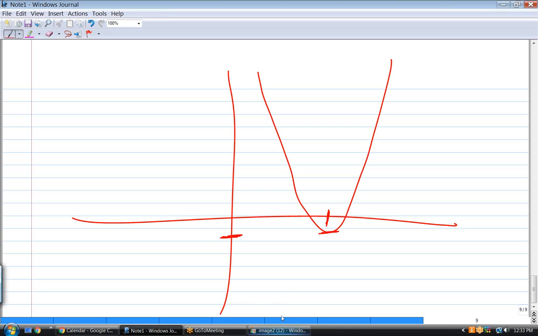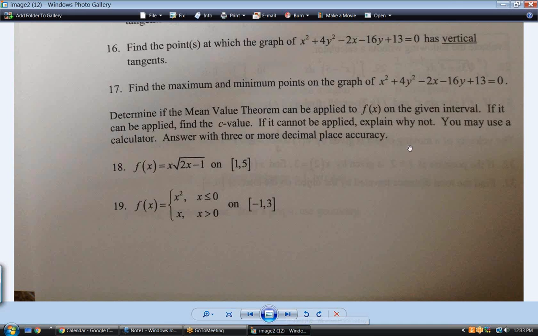So I don't know what kind of curve this is. Oh, yes, I do. That's an ellipse. Now, hold on a minute. How do I know that's an ellipse? Because I have an x squared plus a y squared with a different coefficient.